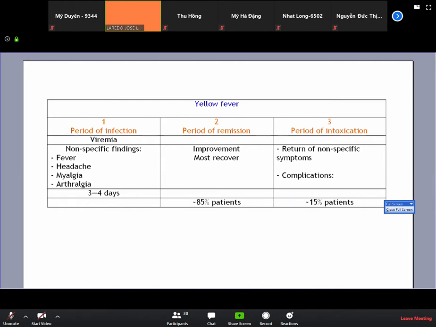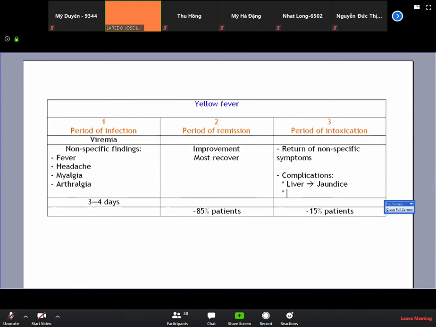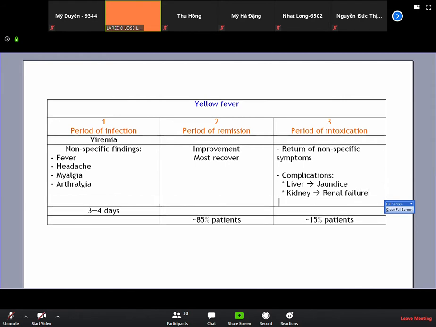The complications of yellow fever appear in the liver. So patients appear yellow, jaundice. This is the reason why we call this disease yellow fever. In the kidney, these patients show renal failure. Coagulation problems, because of the damage of endothelial cells. So these patients have a higher risk of bleeding.